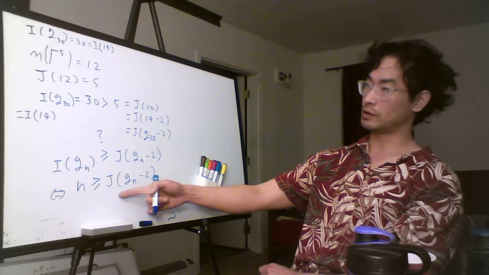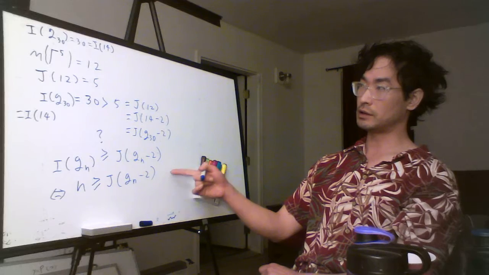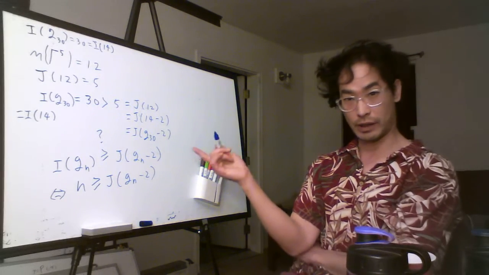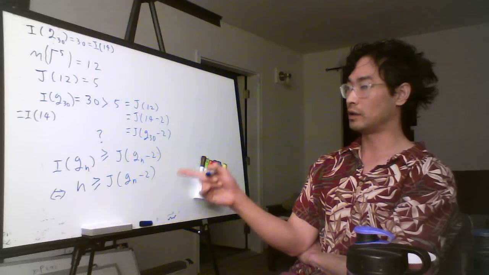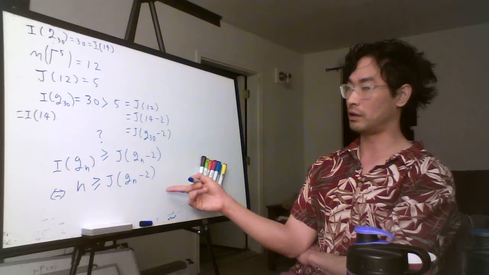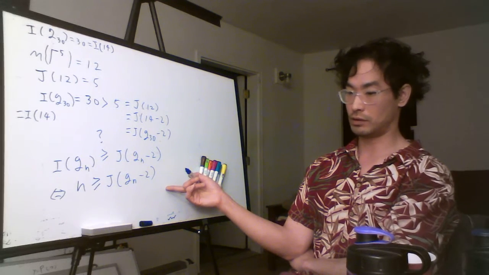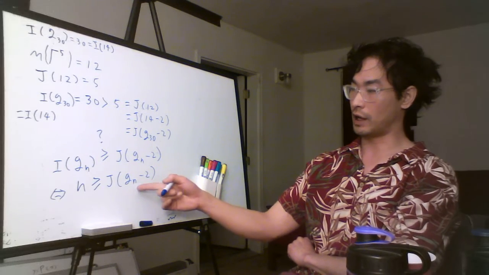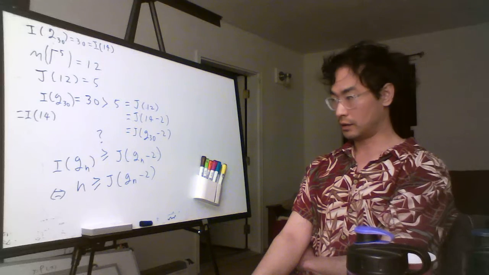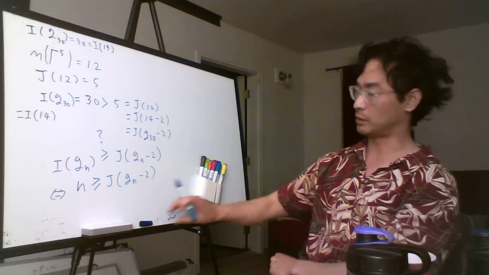J is just the index of the smallest n by n matrix. It's just the size of the matrix that gives us complete coverage of even numbers up to Gn squared minus 2. If we prove this, then we are done. This is an equivalent problem to Goldbach's conjecture.